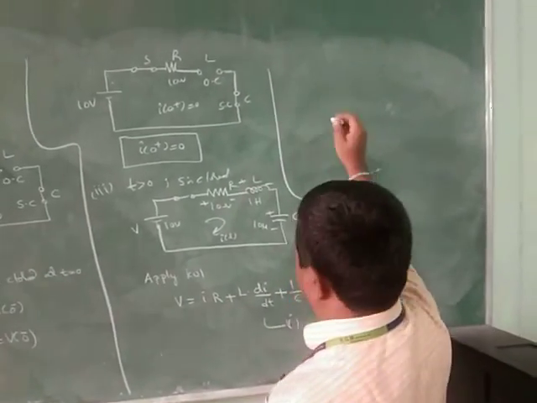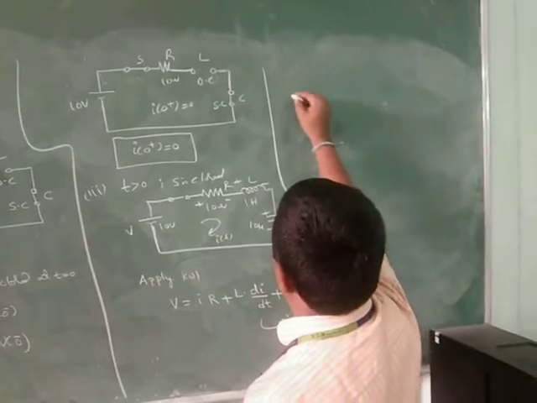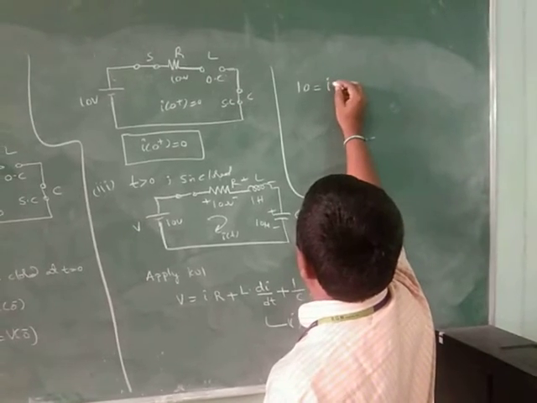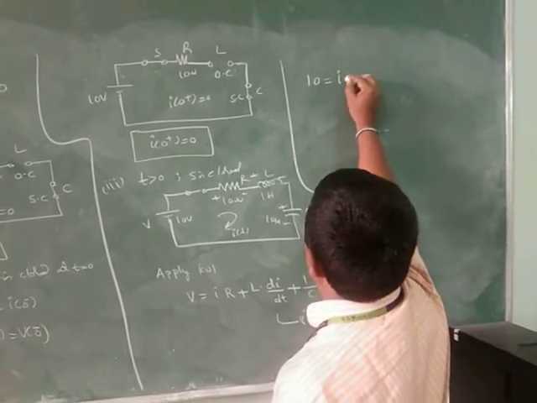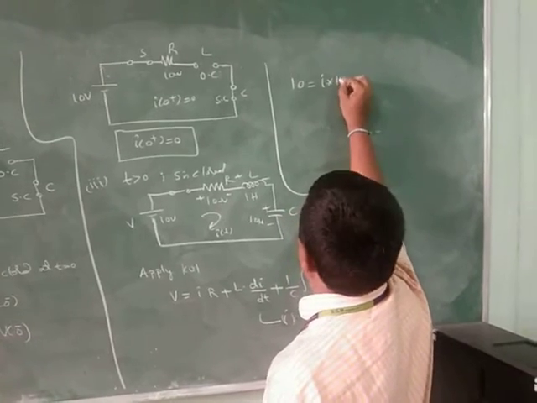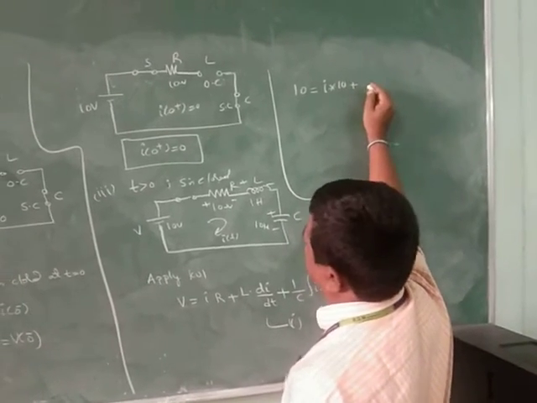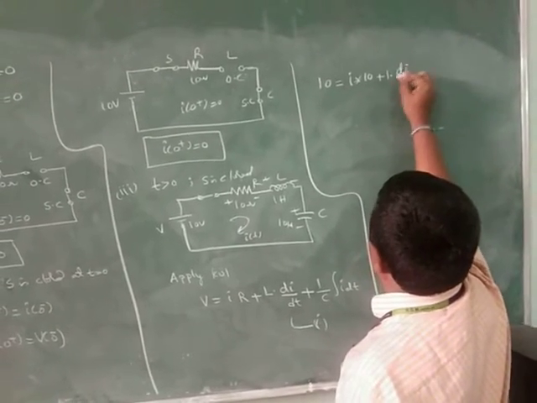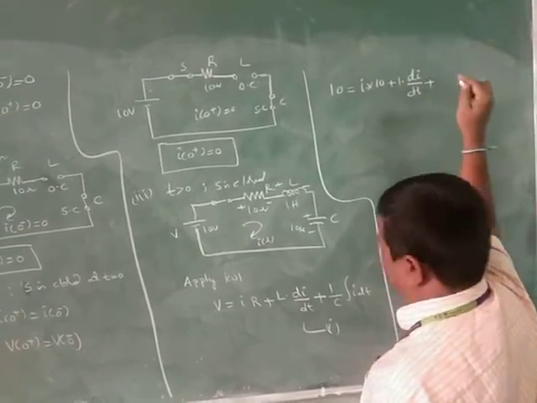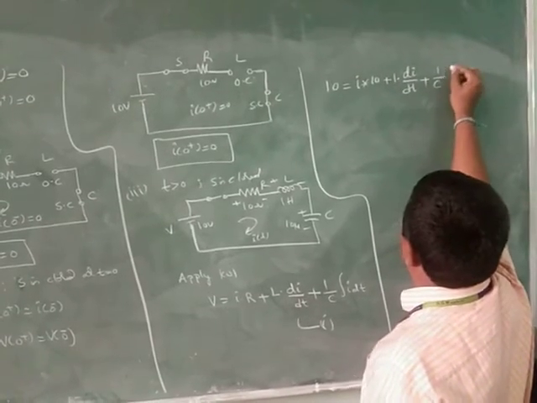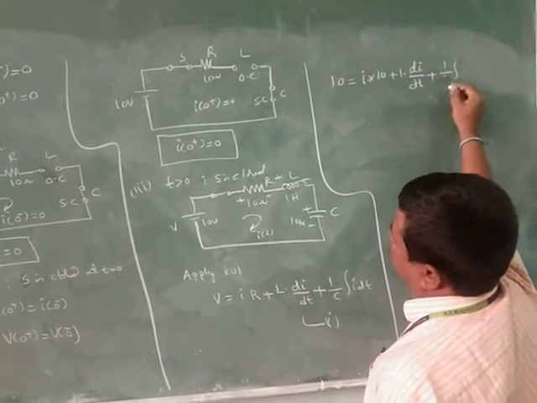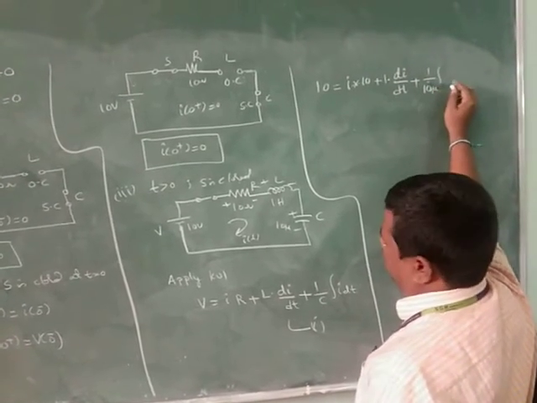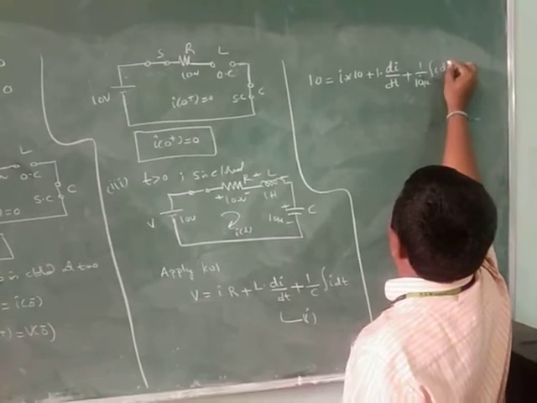Then substitute the values: 10 is equal to i into R, where R is 10, plus L, which is 1, into di/dt, plus 1/C into the integral of i, where C is 10 micro.